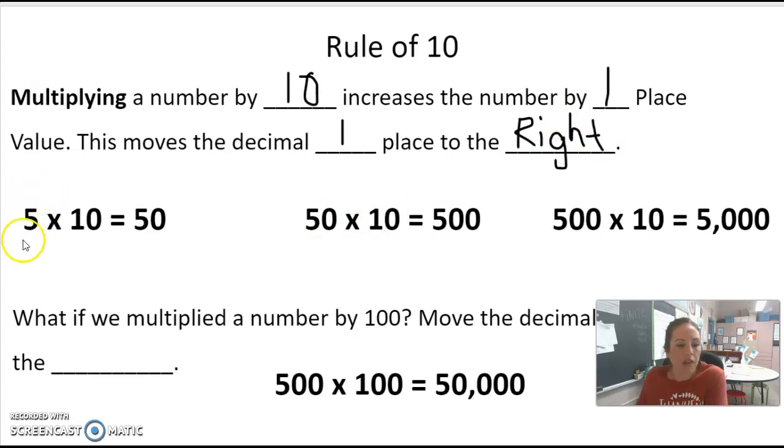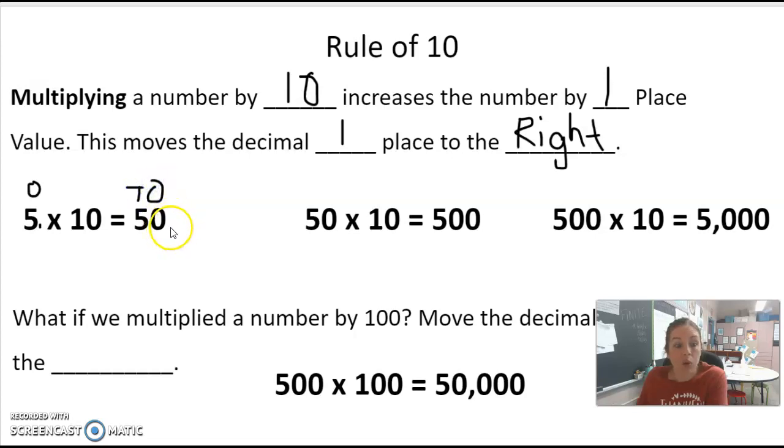Well, if we multiply 5 times 10, we know the answer is 50. Let's take a look at its place values. When we start, the 5 is in the ones place value, right? Because we know that its decimal is right there. When it ends, the digit 5 moves from the ones to the tens.